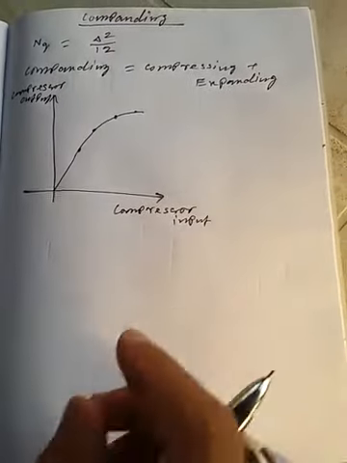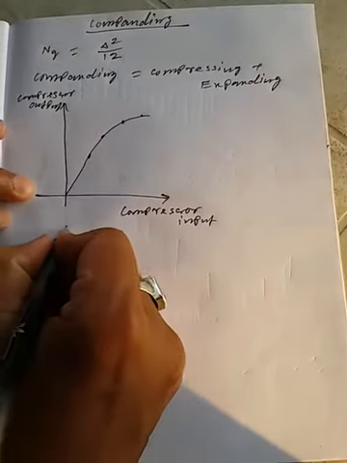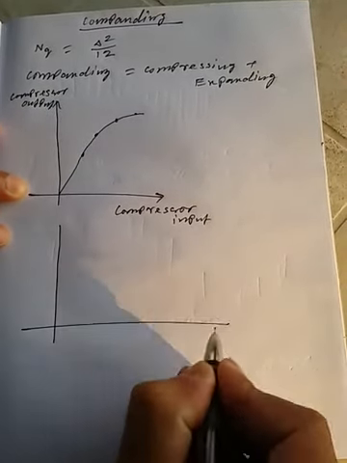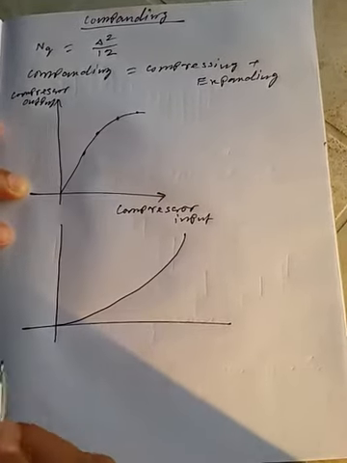Now you have to see what is the expander characteristics. The expander characteristics will look like this.